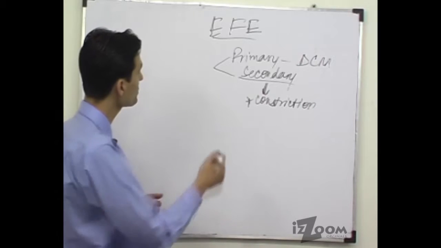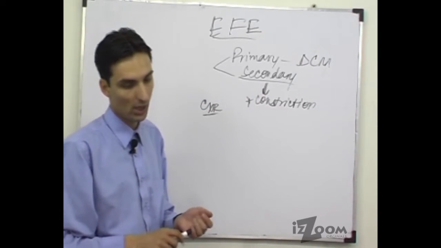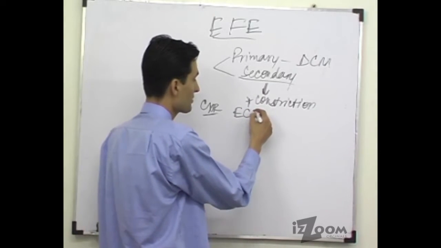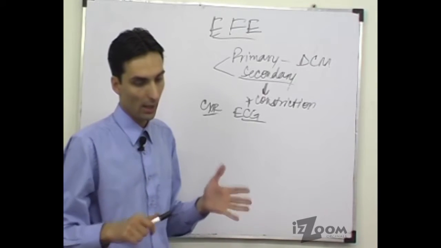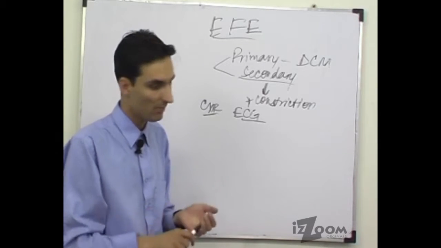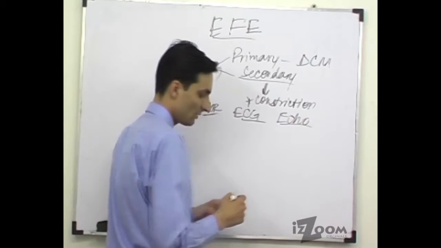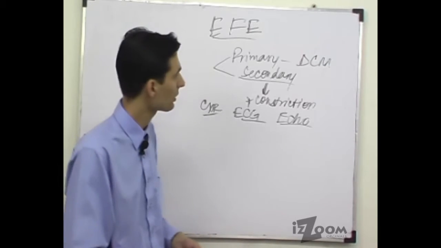How is it diagnosed? Well, if you do a chest x-ray, you will find enlarged cardiac chambers, and ECG will show left ventricular hypertrophy and a left ventricular strain pattern. An echo can be done, and it will show a poorly functioning ventricle.